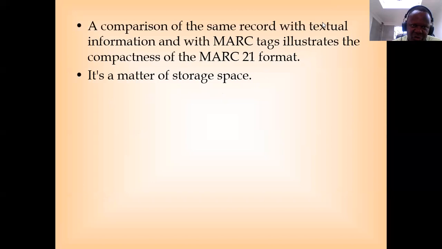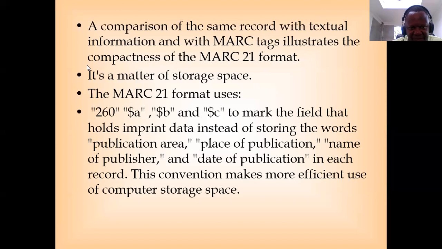When that textual information is put in form of tags, it occupies limited space. The MARC 21 format uses, you have started seeing this. This is a tag, and this is a subfield, another subfield, and another one. And all this will mark the field data that holds the imprint data. This is the publication data.